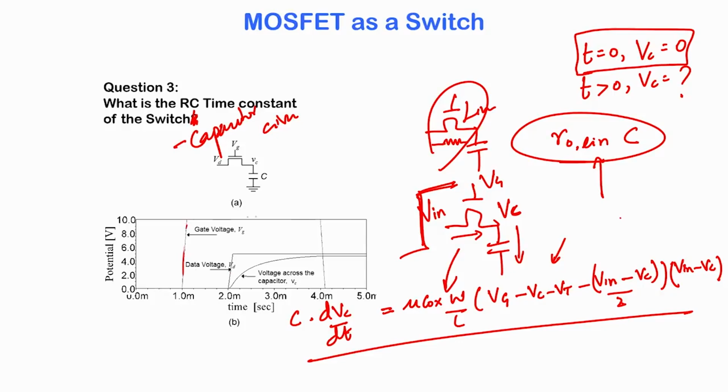The gate voltage goes up, the MOSFET is on, and then when the drain voltage takes up a step-like response, you can see that the capacitor starts charging. Although the simulator is using the exact model, you could easily model this charging time constant using a much simpler linearized model instead of worrying about solving this differential equation.